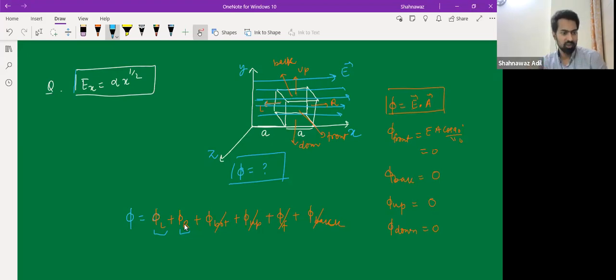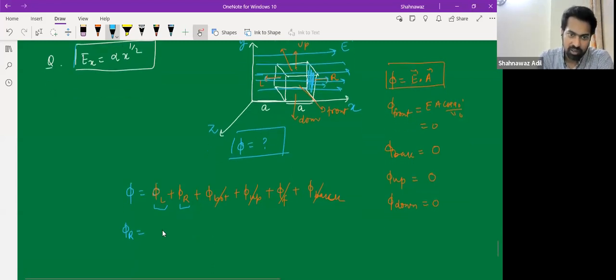So for the right case, this is the right face. Electric field is in this direction, and the area vector is this direction. So let us calculate phi R. Phi R would be E A cos 0 degrees. So this would be simply EA. Understood, guys?